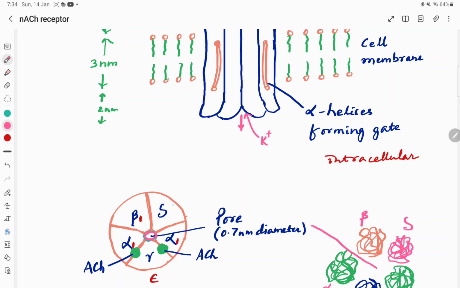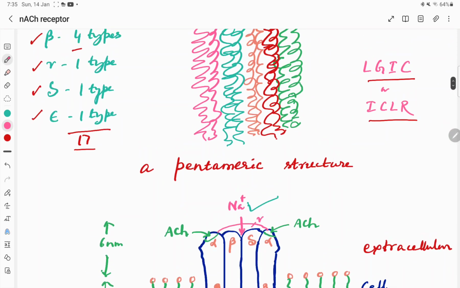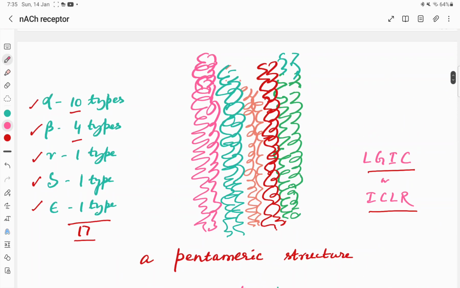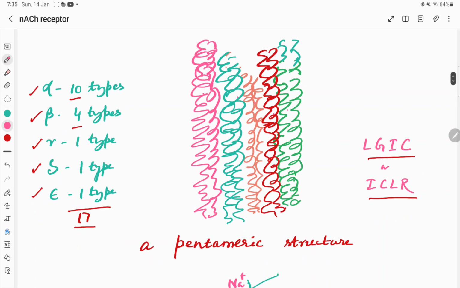Here you can see 5 subunits: alpha 1, beta 1, delta, alpha 1 and gamma. And those subunits can be of 5 types: alpha, beta, gamma, delta and epsilon.